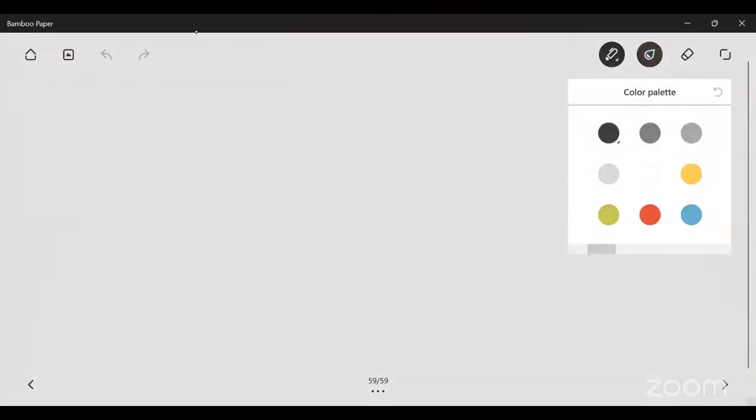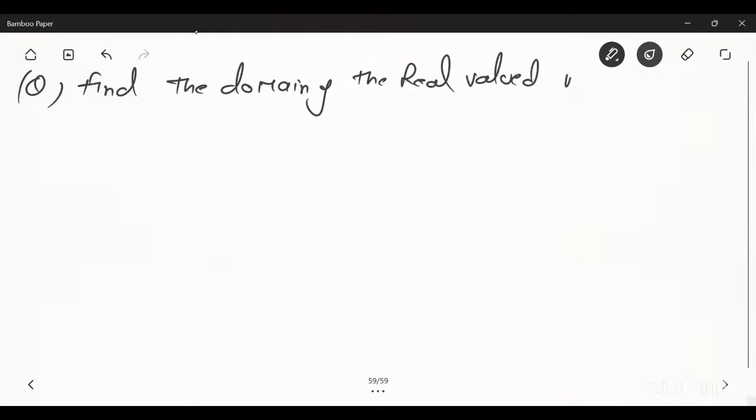Now next is, find the domain of the real valued function f(x) is equal to 1 upon (6x minus x square minus 5).